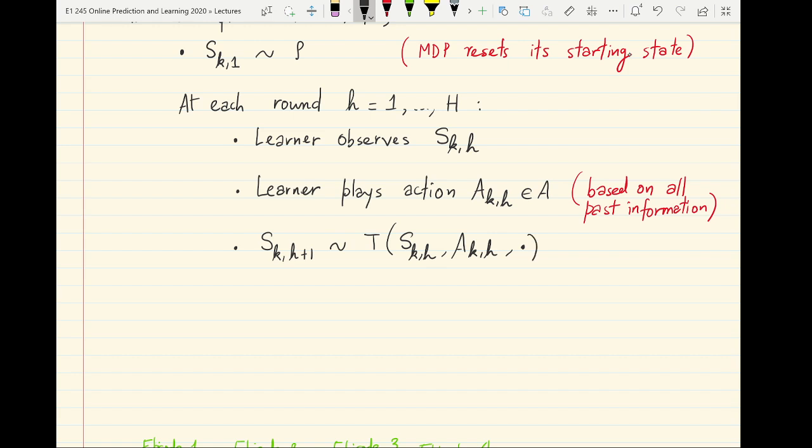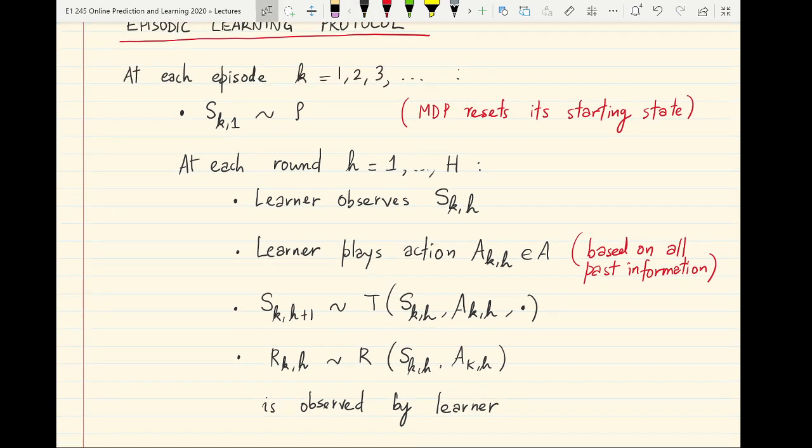Okay, so, imagine that the MDP advances the state or the system responds to the action A_kh being played by the learner, and consequently the learner also gets or observes a reward R_kh drawn from R, the reward distribution at state S_kh, and in response to action A_kh is observed by the learner. Okay. So, this is the basic structure of an episodic learning protocol.